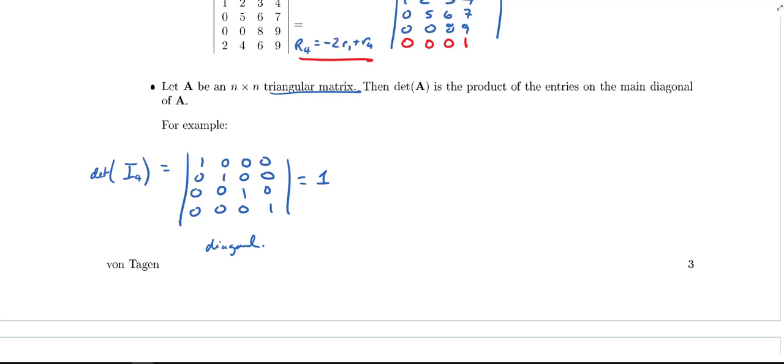So the determinant of that identity matrix, and in fact the determinant of any identity matrix, is 1.